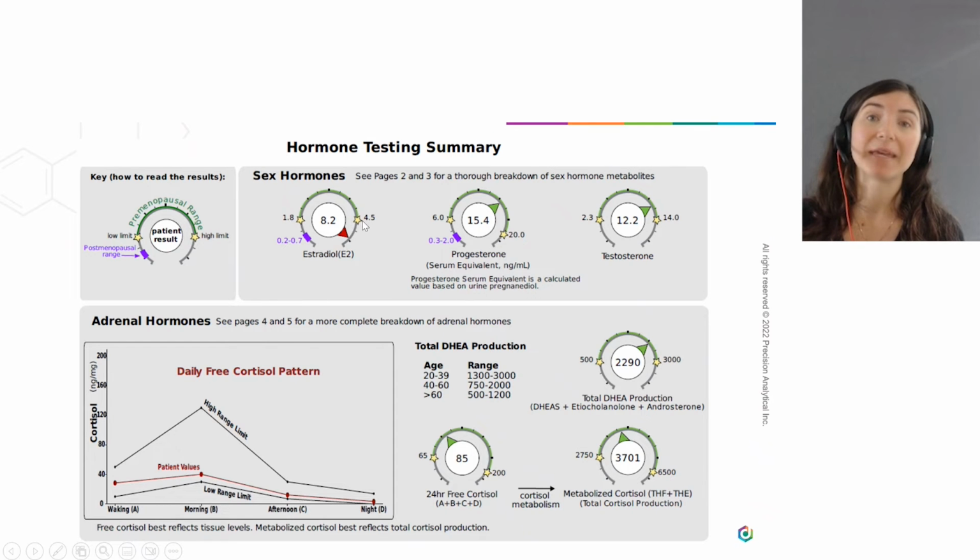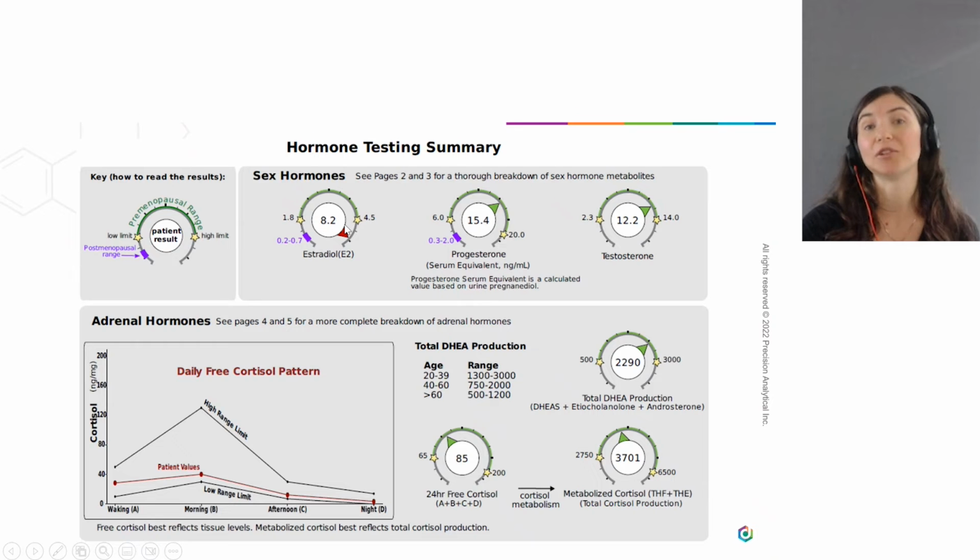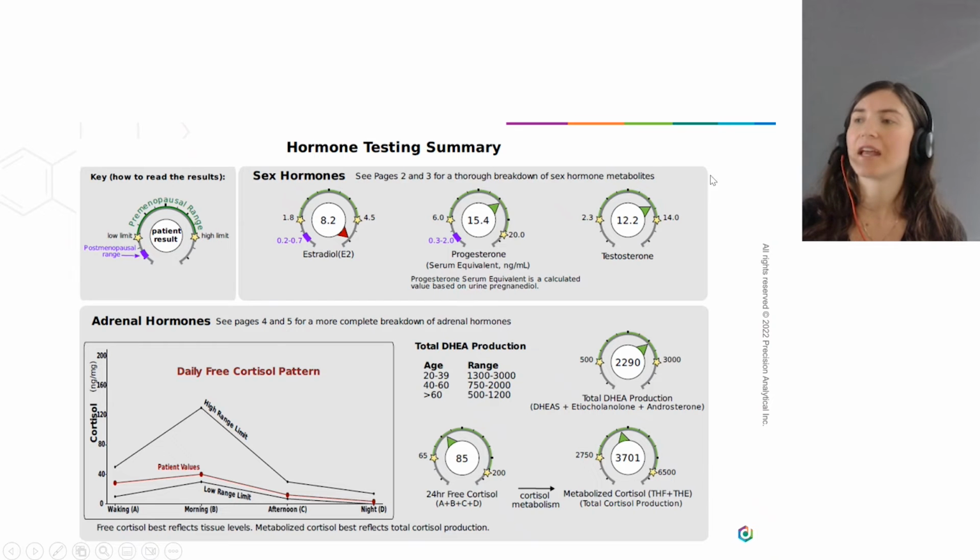So we want women to collect in their mid-luteal phase. And of course, you'll see testosterone, DHEA, the cortisol metabolites, they don't have a little purple band. So they don't have a postmenopausal range. And they just have 2 stars. And the 2 stars is the overall range for all the ages.